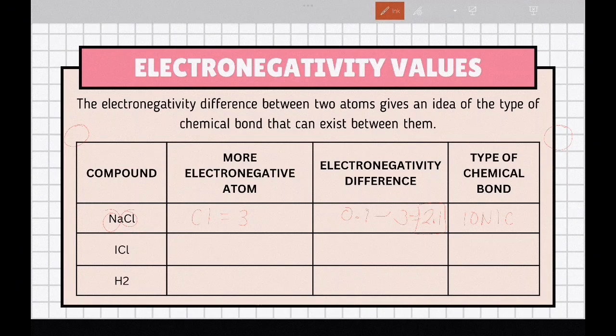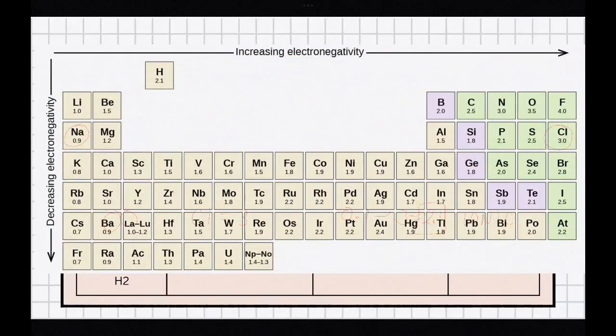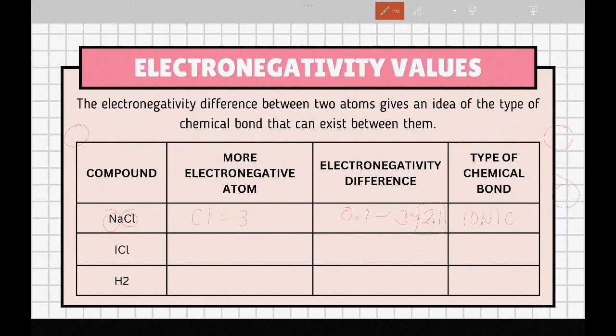Now we have iodine and chlorine. So let's check the chart. Iodine has a 2.5. Chlorine has 3. So as we get the electronegativity on the chart, still the more electronegative atom here is chlorine, which has a 3. Now we need to get their difference.